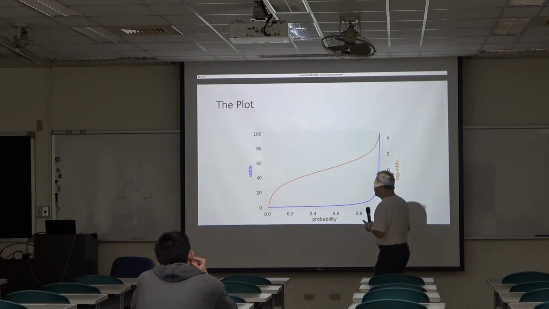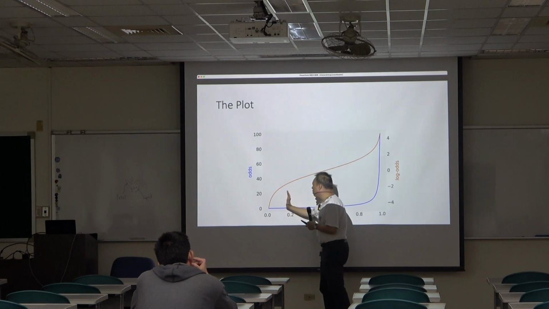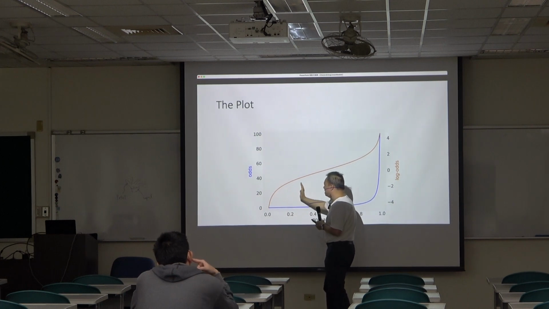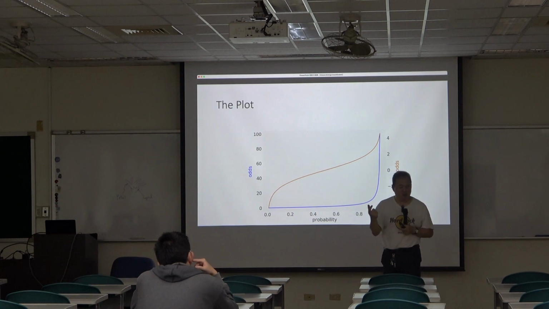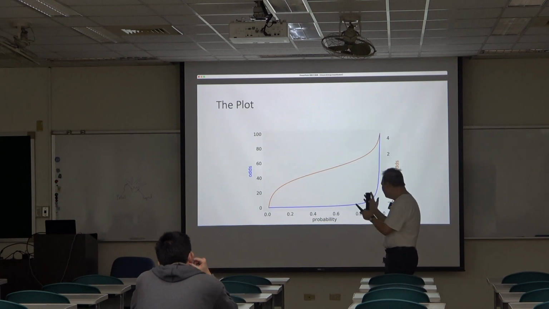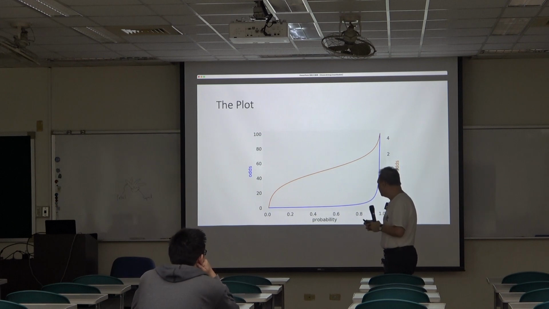So you can see that no matter which point you are talking about, they increase together, even though the amount of increase is not linear. It's not proportional, but they both increase together.